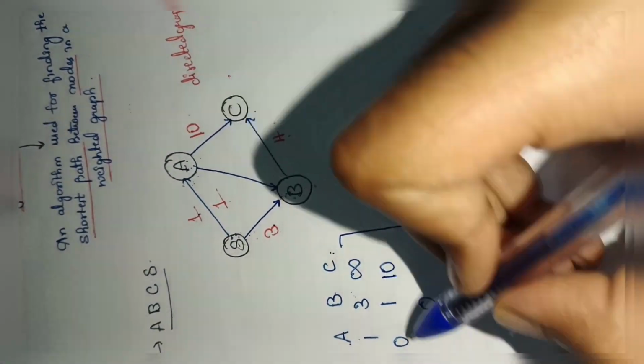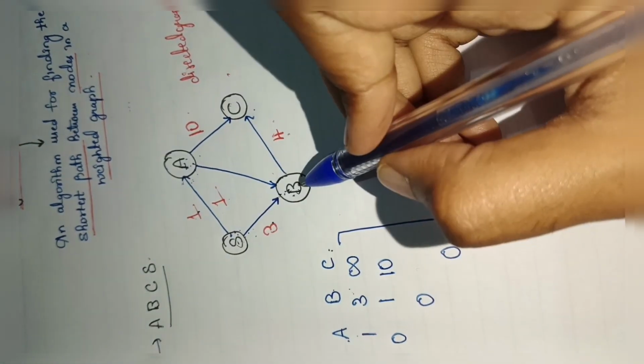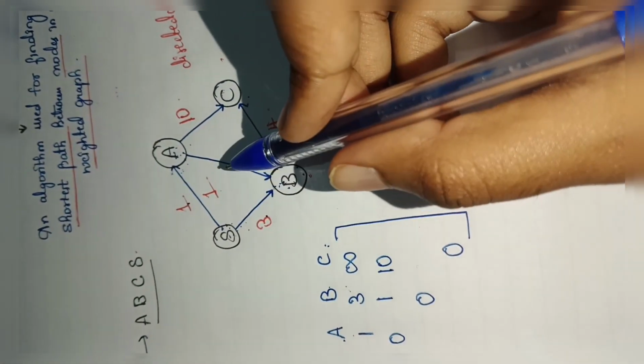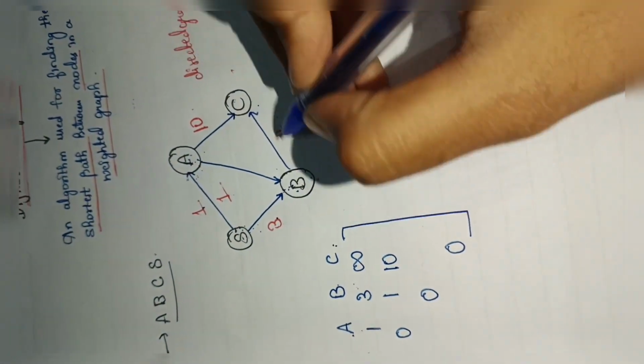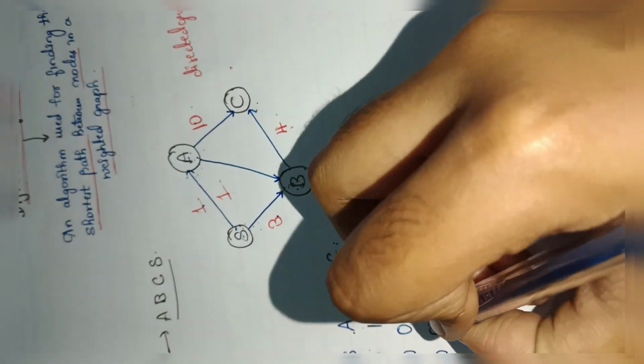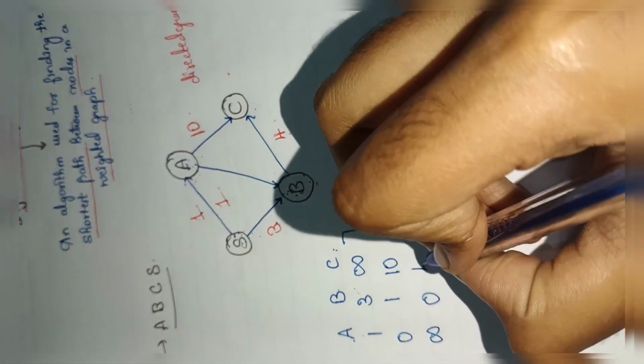So let's go to the third node, which is B. From B to S, it is not possible directly, so it's infinity. And again from B to A, it's again infinity. And then B to C, it's 4.